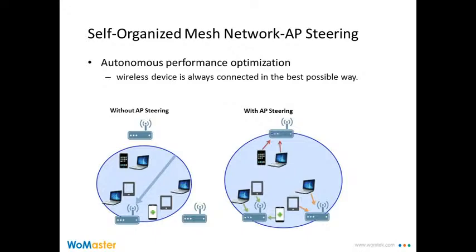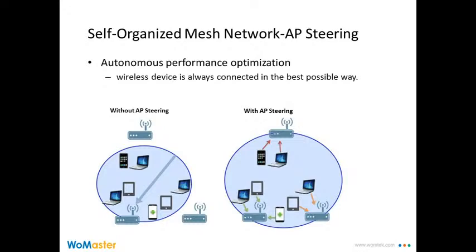Mesh networks also support AP steering, as previously mentioned. Without the AP steering function, all devices connect to the one with the better signal from their own angle, not from the whole network. However, that can't promise the best performance for the whole mesh network.